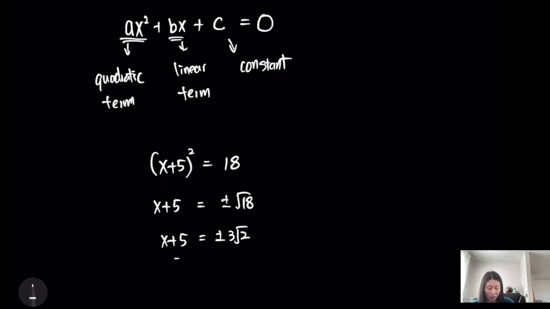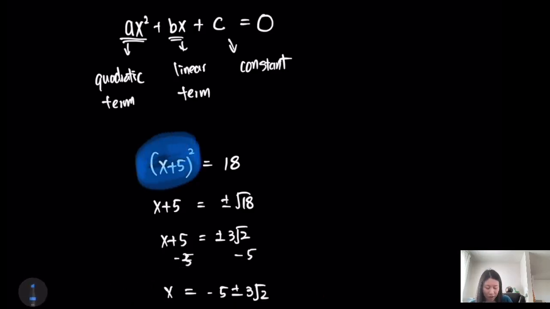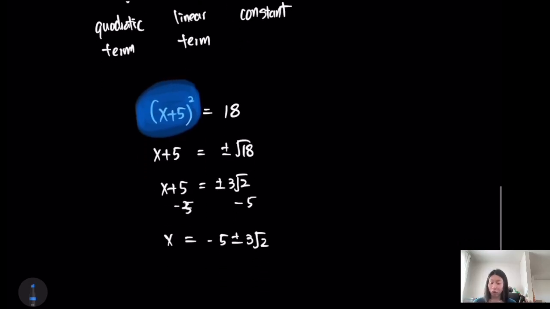And then we subtract 5 on both sides. Then we can solve for x without factoring and setting the function equal to 0. So I have negative 5 plus or minus 3 times square root of 2. So look, if we can write the function in terms of something in parentheses squared equal to some number, then we will be able to solve the equation. So that's the idea why we need to complete the square.